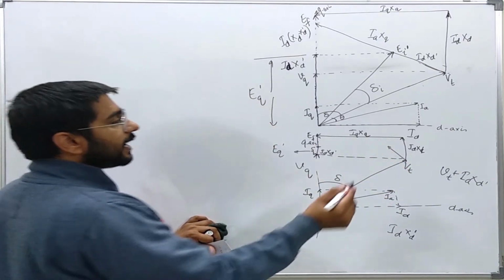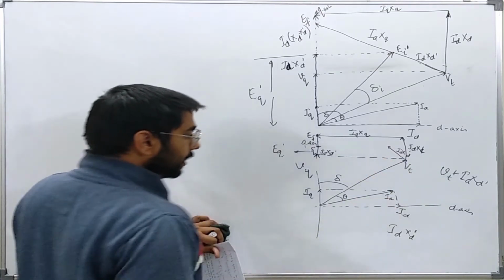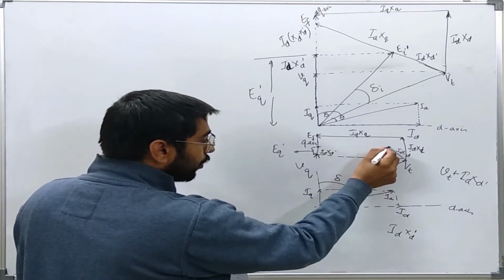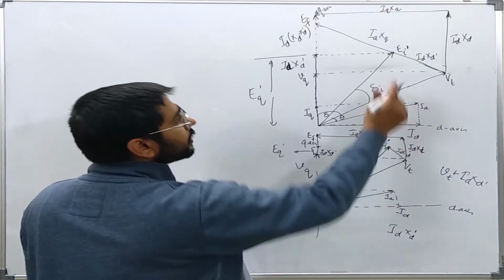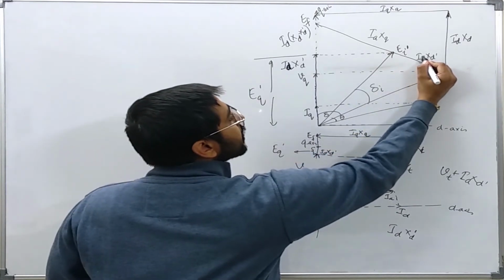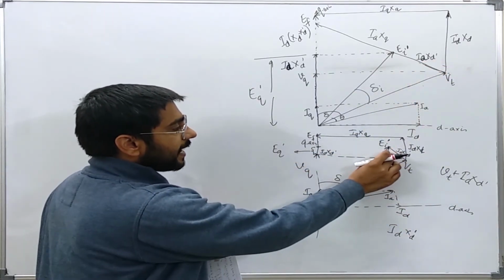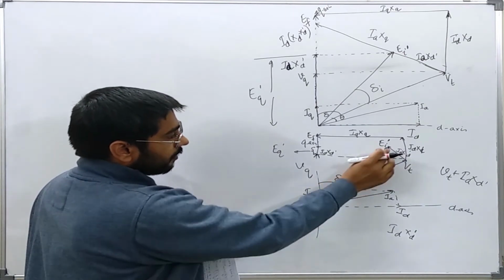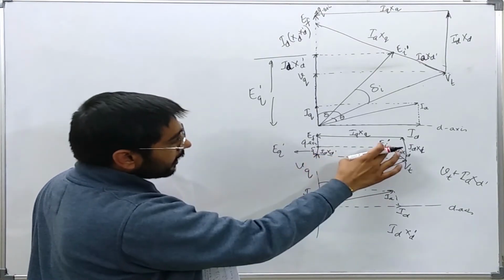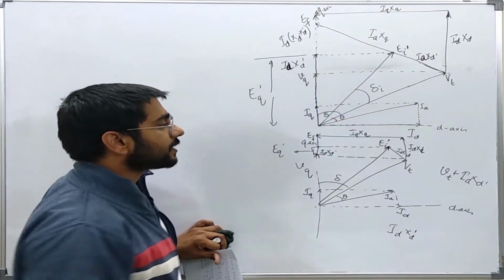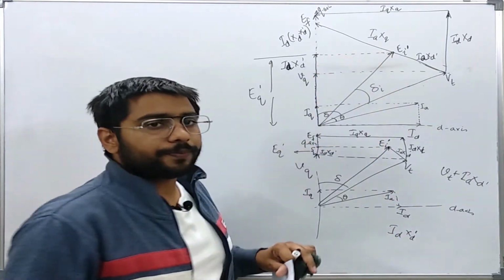Practically we will find that on adding IA XD dash, the resultant voltage we are going to have, let us say, is EI dash. This is EI dash. This is IA XD dash. These two voltages, EQ dash and EI dash, have approximately equal magnitude.